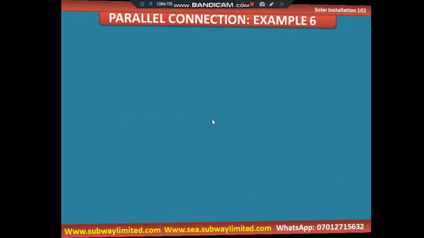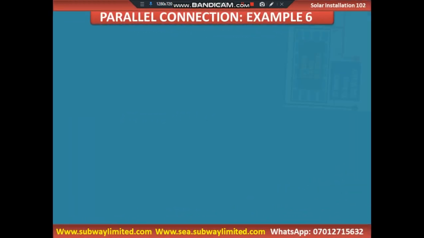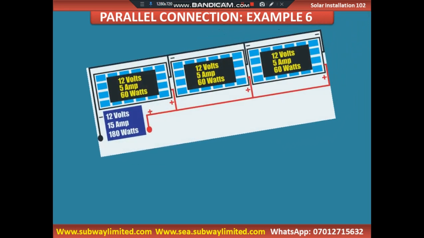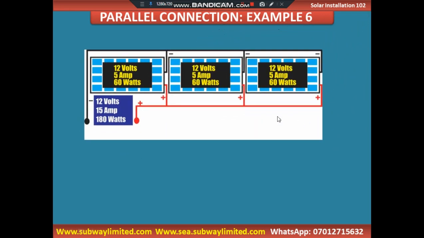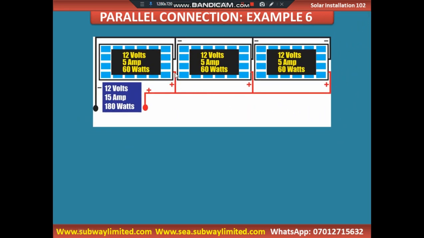This is example 6 of parallel connection. You can see here diagrammatically we are connecting all the positive probes of the 3 solar panels together, and we are connecting the negative probes of the 3 solar panels together, and we have this result that you are having here.